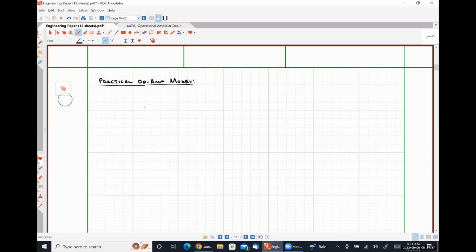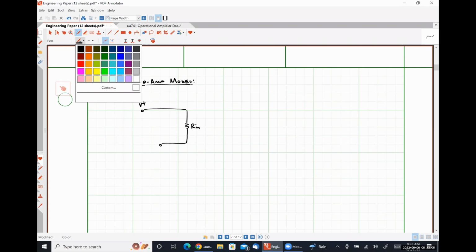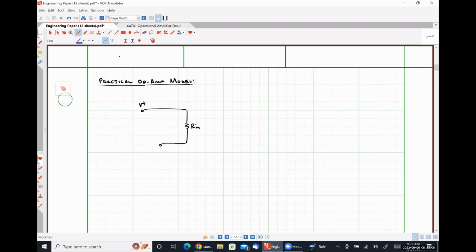So I'm going to have my input resistance Rn, like so. And I'm going to call this voltage up top V plus, which is where our non-inverting input terminal is.